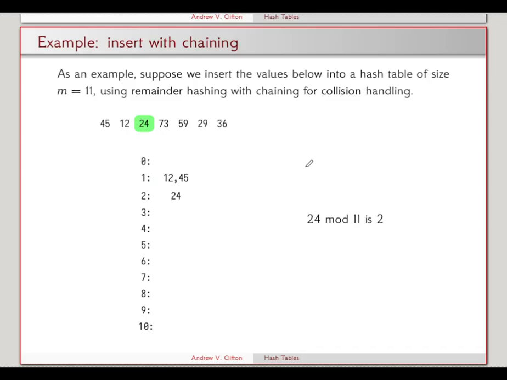Then we insert 24. 24 mod 11 is 2, so that goes at index 2. Then we insert 73. 73 mod 11 is 7, that goes at index 7.